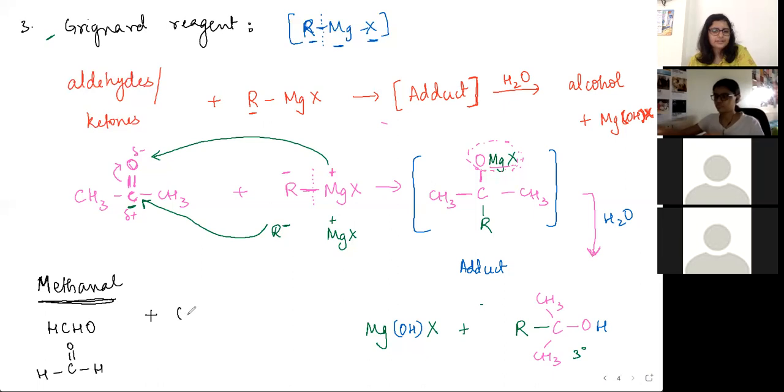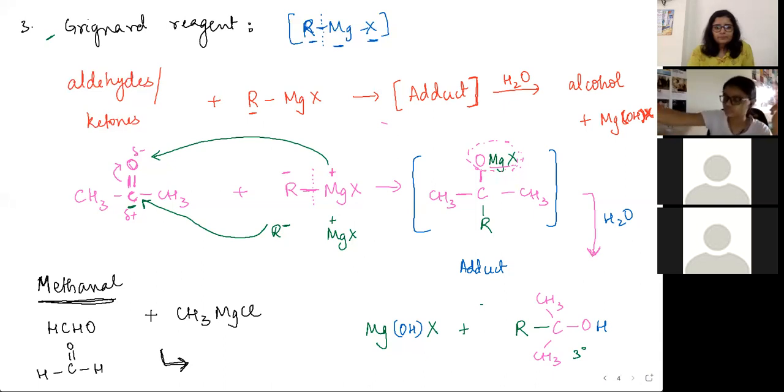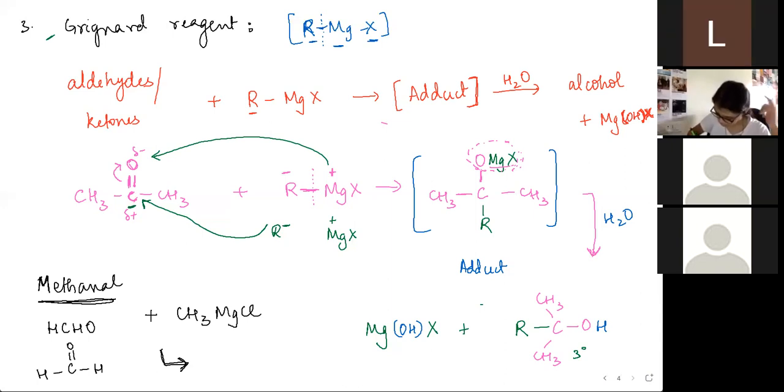And your Grignard reagent is CH3MgCl. Tell me what alcohol you get out of this. You can either send the IUPAC name, or if it's easy to type, you can type out the structure also. So all of you, work this out and send the final alcohol that you get out of this.